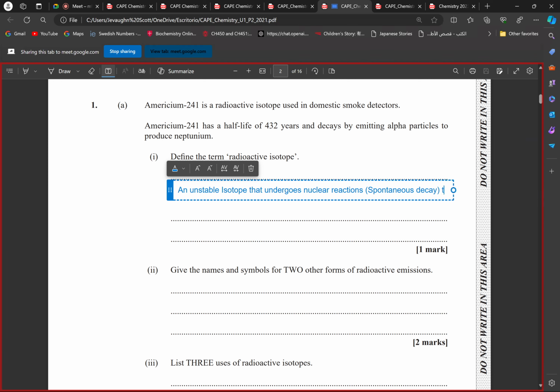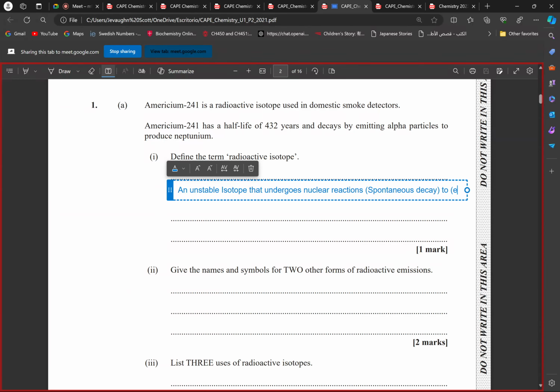To emit what? Did you speak about emittance? No, I didn't. Undergoes nuclear reactions to become stable.